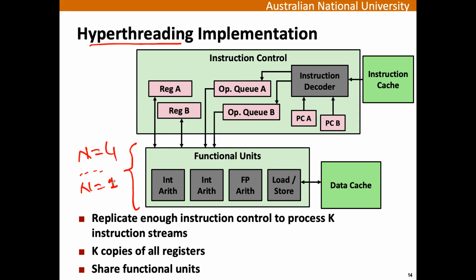So what they do is they replicate some of these structures here. There's a second register file, there's a second operation queue or instruction queue, and there is a second program counter register. And they try to fill these slots using operations or instructions from multiple threads.